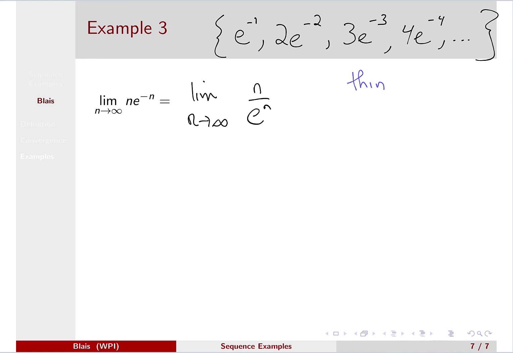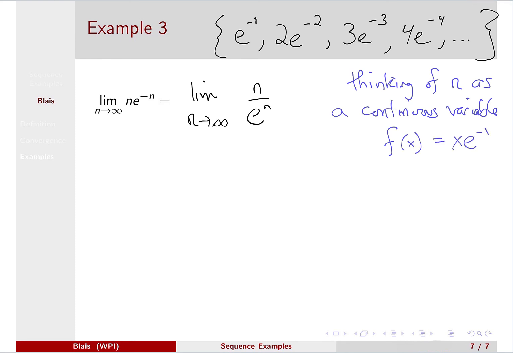So thinking of n as a continuous variable. And so by that I mean, instead of writing that this coincides with the function f of x is xe to the minus x, we don't necessarily have to write x. We can say, think of the n as playing the role of x.